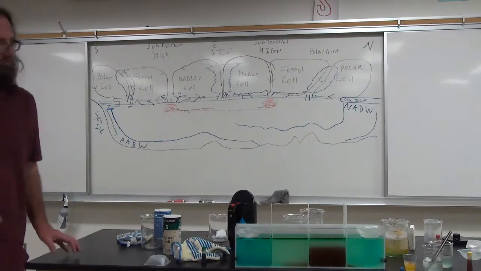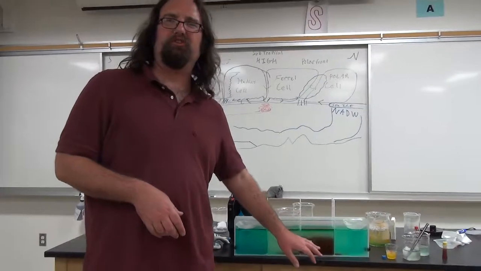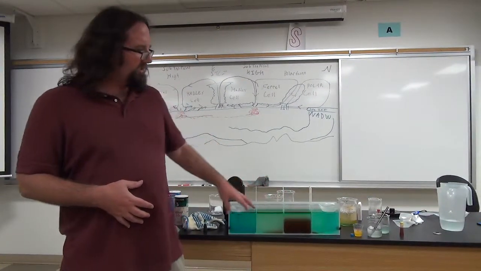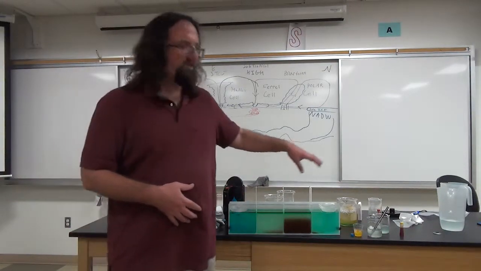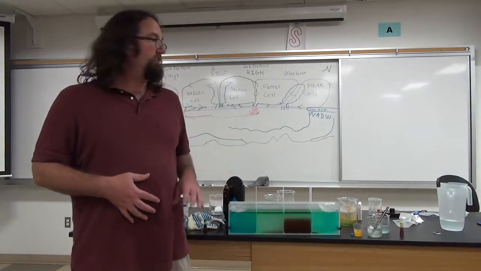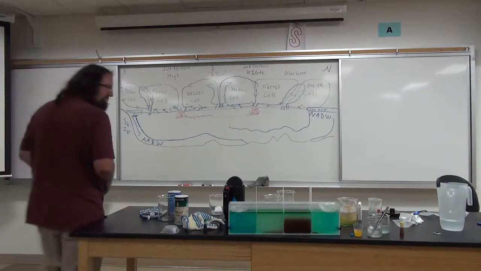So this process of what we're seeing here is known as halothermal circulation, where evaporation drives the formation of deep water, whereas over in these two basins we are seeing thermohaline circulation, where very cold temperatures and sea ice formation drive the formation of deep water.